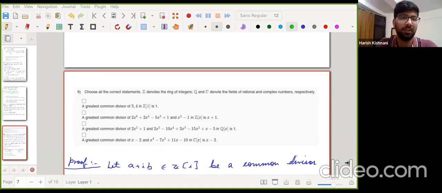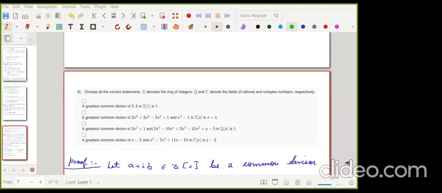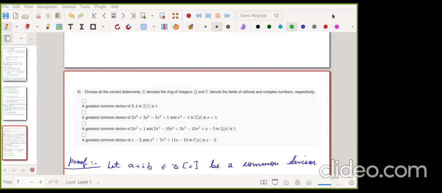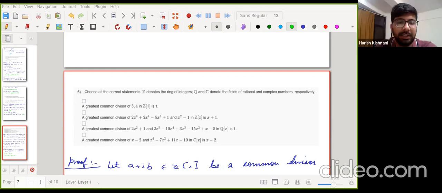In the last discussion session, I discussed this entire assignment number 4, so the entire solution is there. If you want to see, you can see the notes also. The solution sent by NPTEL is there on the course web page.